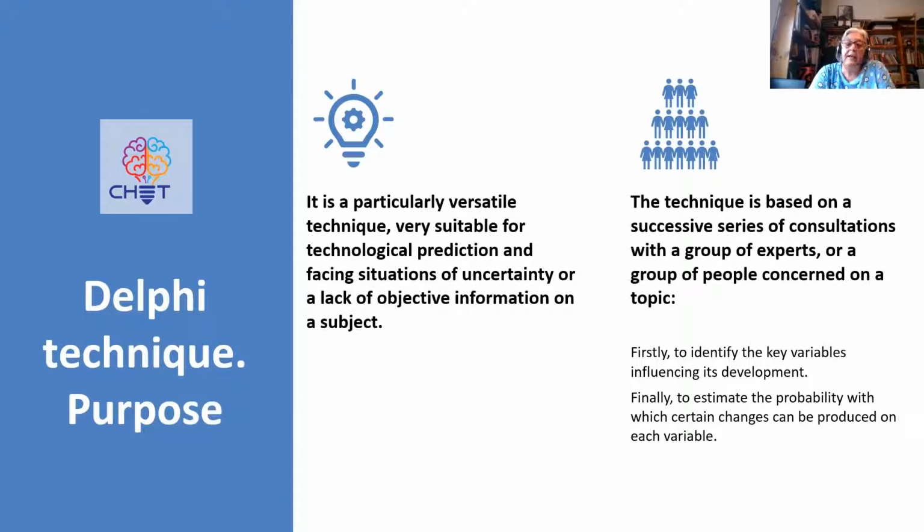The technique is based on a progressive approach to an issue. Firstly, trying to identify the key variables influencing the development of a market, of a problem, of a social issue, and then estimating the probability that the variables identified change in one way or in another way.